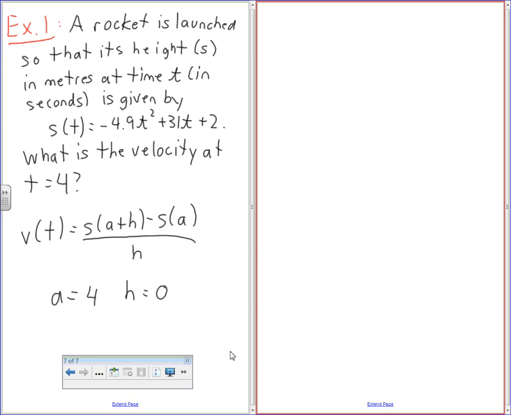V of t equals negative 4.9 times a plus h squared, plus 31 times a plus h, plus 2.